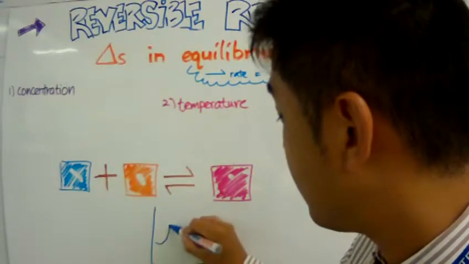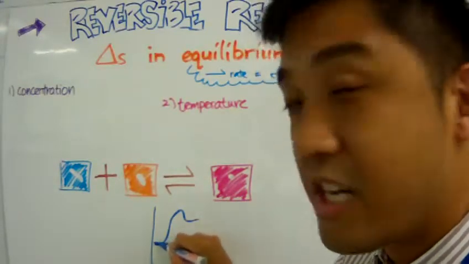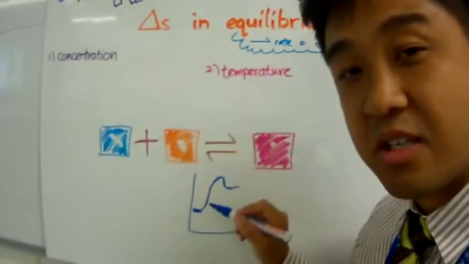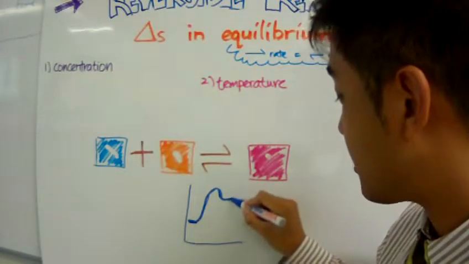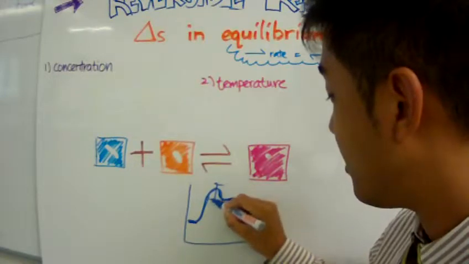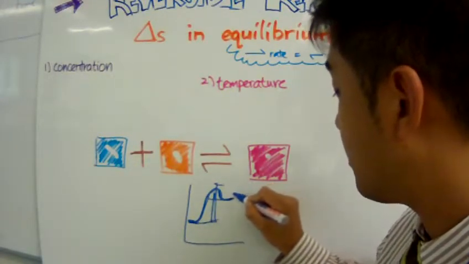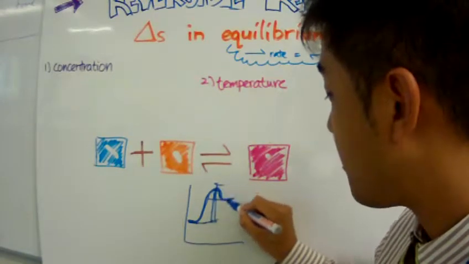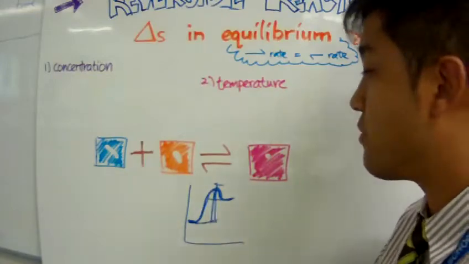So you have the reactants over here, and it's an endothermic reaction, so the products are here. This is the activation energy forward, and this is the activation energy backwards. All right, so this is an endothermic reaction.